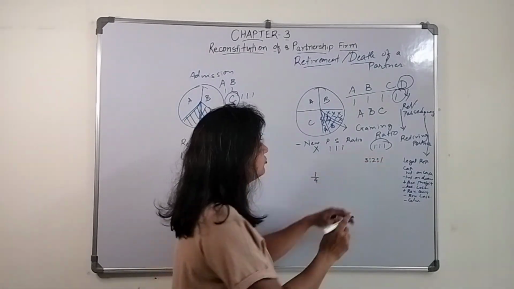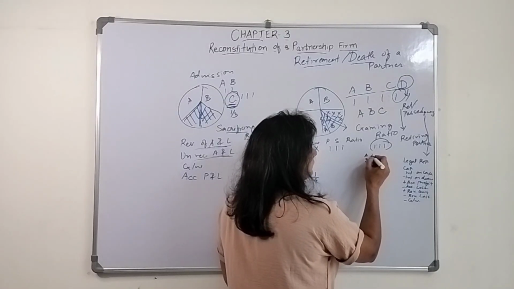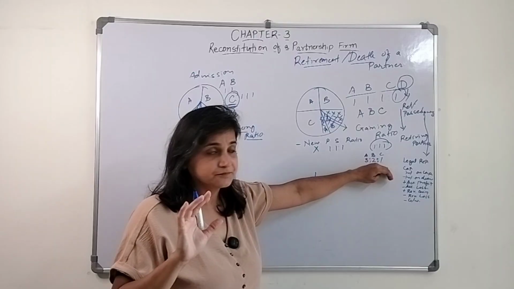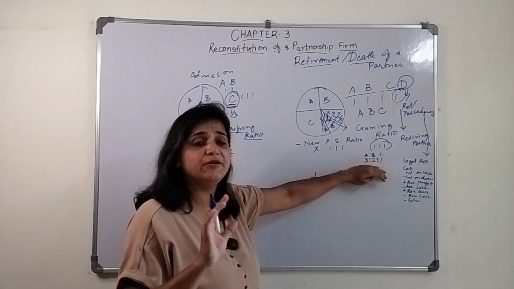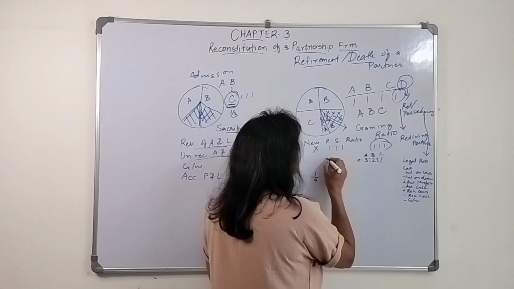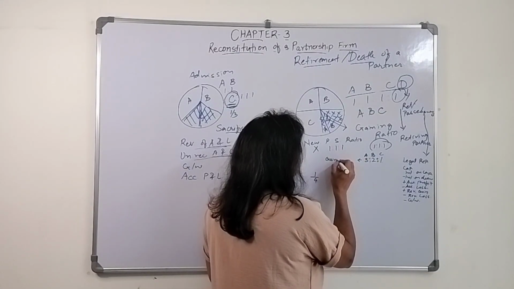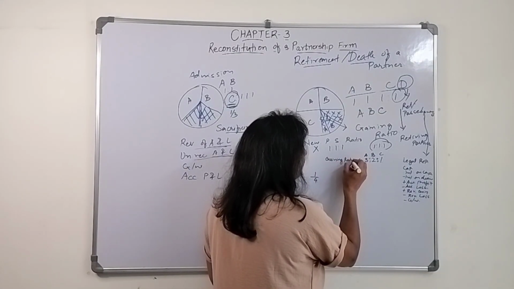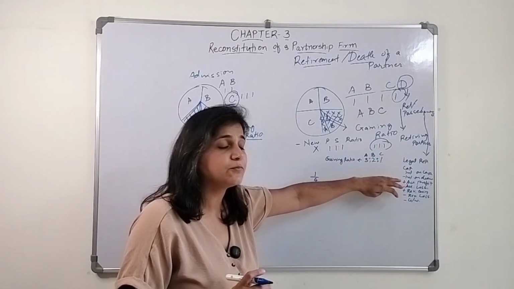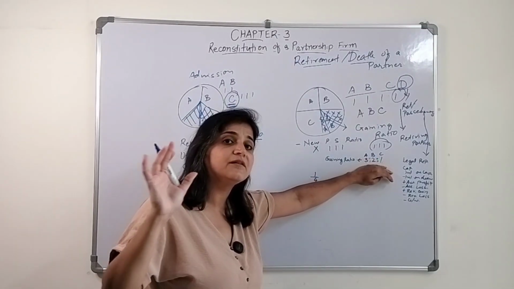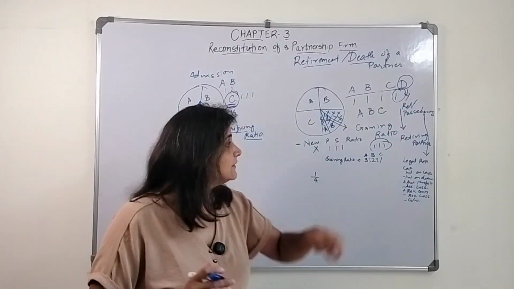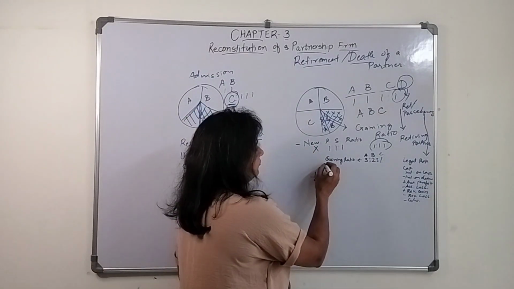This much of the profit of D will be shared between the existing partners A, B and C. So this is their gaining ratio. They are going to gain in the ratio of 3:2:1. When this is specified, that A, B and C will receive in the ratio of 3:2:1 of the profit of D, then we have to determine the new profit sharing ratio.